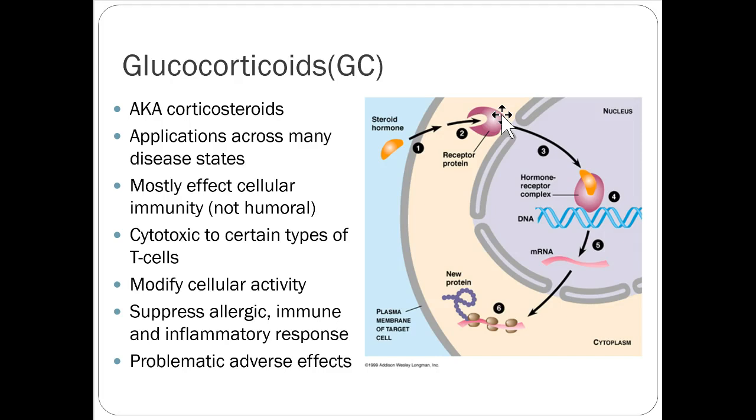Remember I showed you that slide at the beginning, and you've got mast cells, which release histamine. That's an allergic response, what we'd think of. You've got immune system, which we've talked about, of course. Inflammatory is more like your eosinophils and basophils and things like that that are producing various inflammatory mediators that we're going to talk about in an upcoming lecture. So it's all sort of related, and steroids actually have a pretty broad effect on all of those processes, not just the immune system.